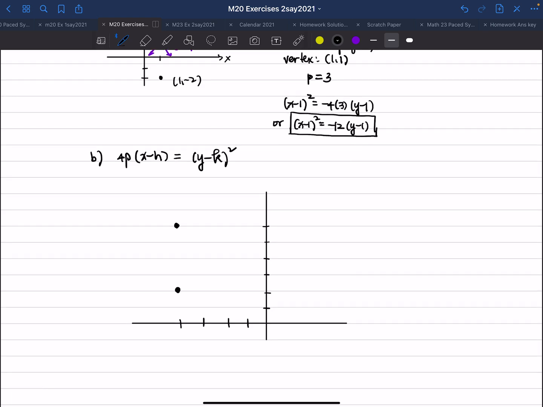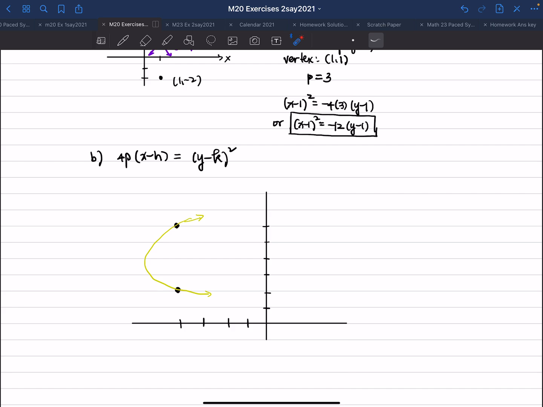Negative 4, 2. Opens to the right. So, your parabola looks something like that. The midpoint of the latus rectum is actually the focus.